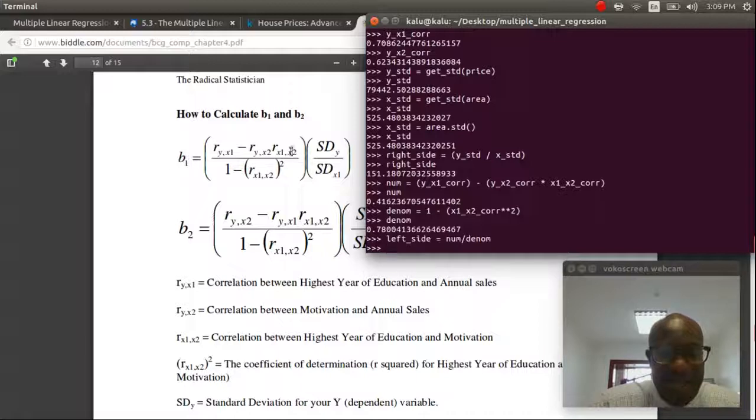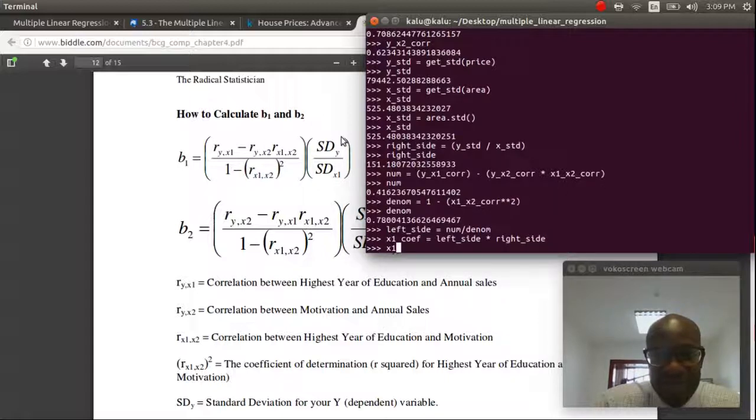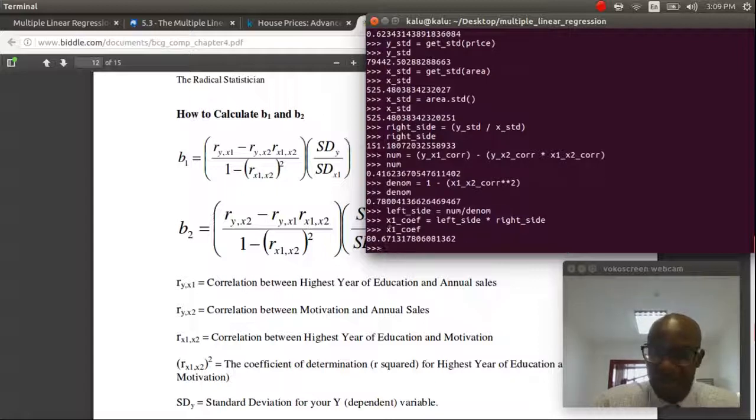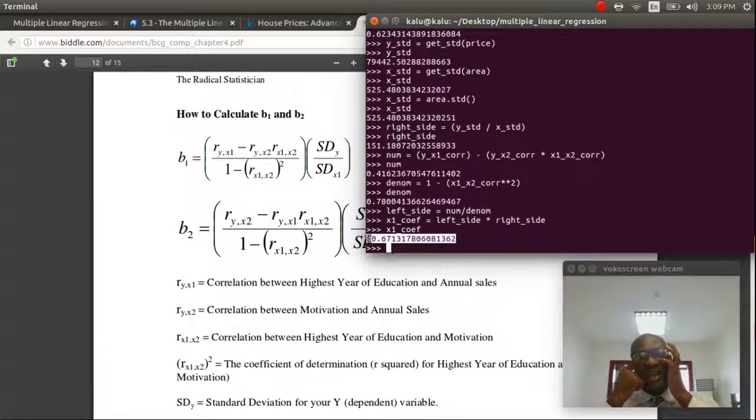So now that we have the left side of the equation and the right side of the equation, our x1 coefficient, our b1, should equal left side times right side, this variable that we got up here. And again, it's just this. So let's look at that. What is our x1 coefficient? There it is, 80. So we have our x1 coefficient.